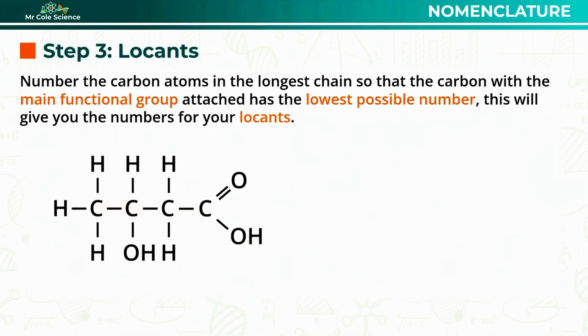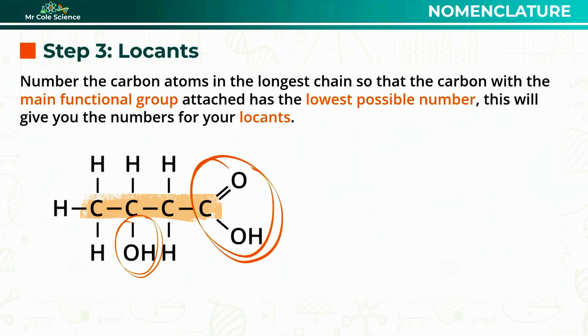Finally, let's think about an example where there is more than one functional group present. So this molecule has 4 carbon atoms in its longest chain and 2 functional groups, a carboxyl group and a hydroxyl group. Now we actually looked at this example previously and said that the carboxyl group took priority, which is why we ended up with butanoic acid.